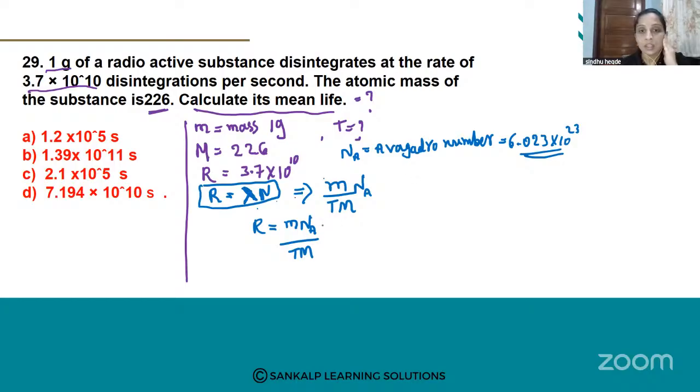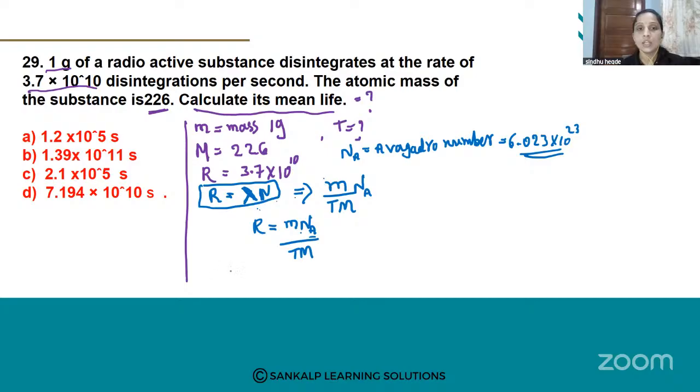Now here, the equation becomes like this. What you need here: the R value is already given, and the capital M value is given. NA is a constant. You should remember that and substitute. That is the Avogadro number. Here they ask for the mean lifetime, right?